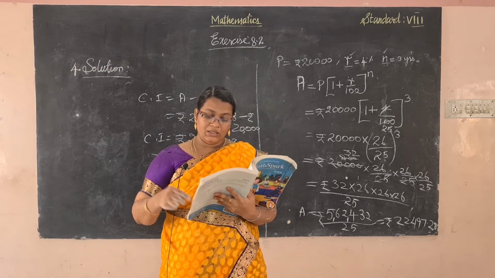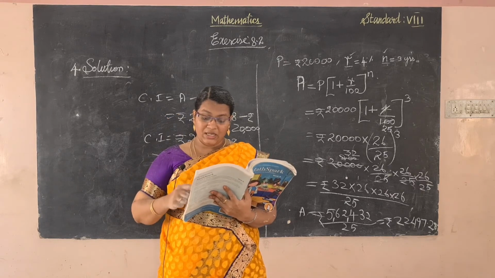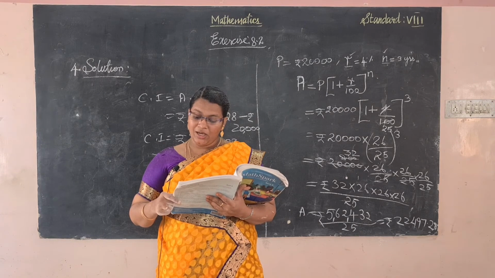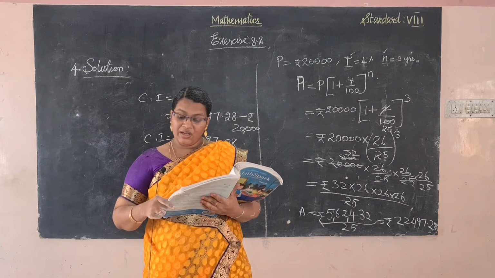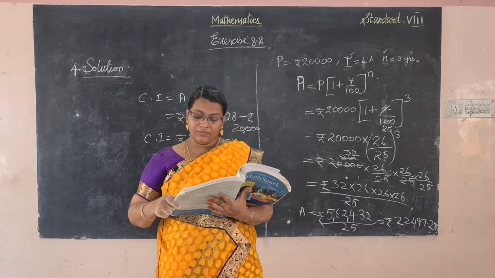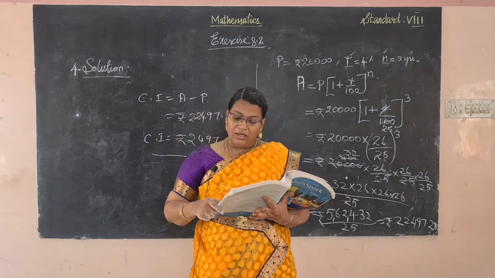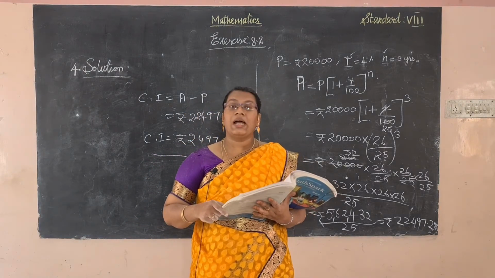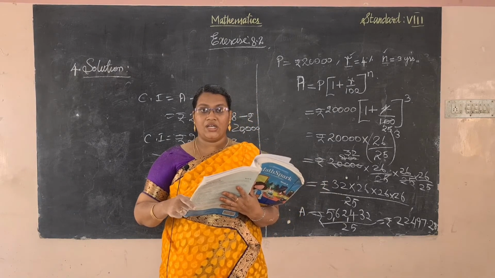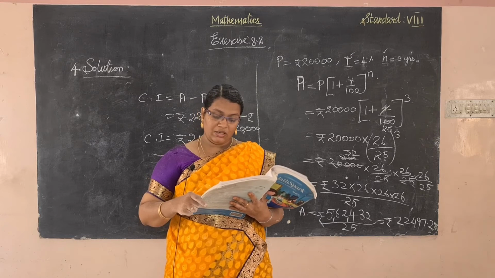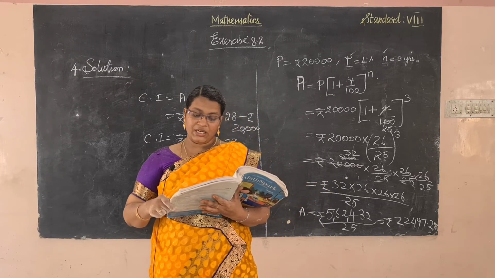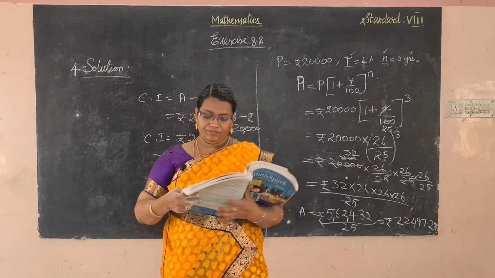If the interest is calculated half yearly, then what amount will she get after 1 year? So you know the formula for half yearly. Substitute that formula and get the value.